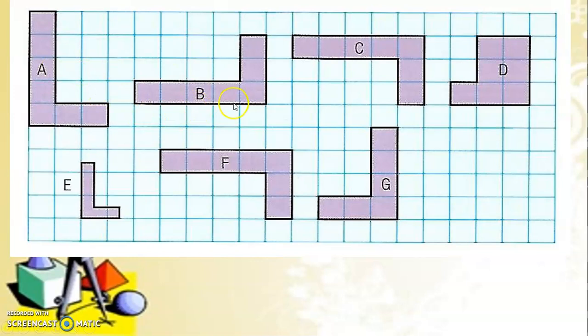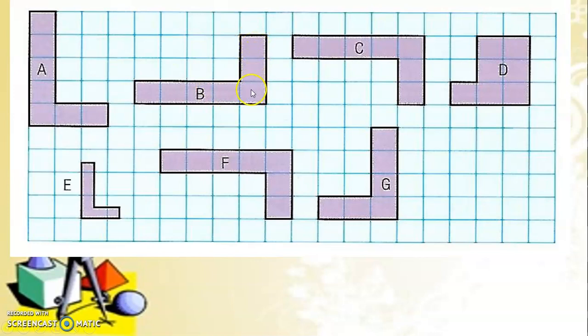So let us see how we will know. On this side, it has 5 squares, and on this side, it has 3 squares. B also has 5 squares and also 3 squares.